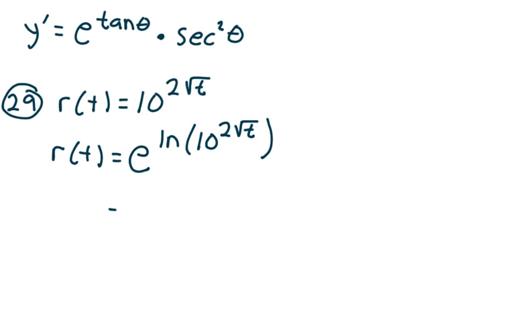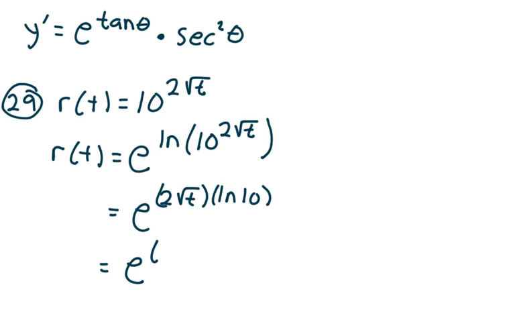Now, this is equal to e raised to the 2 square root of t times natural log of 10, which is equal to e to the 2 natural log of 10 times the square root of t.